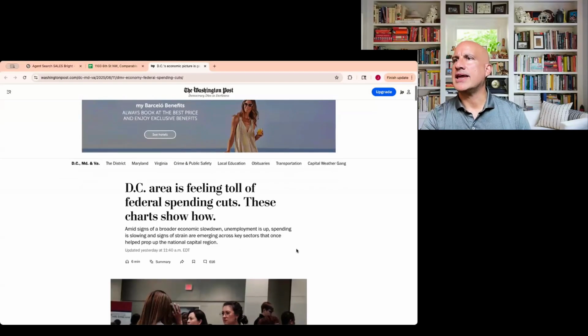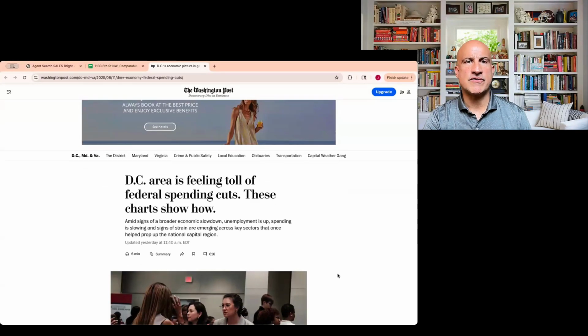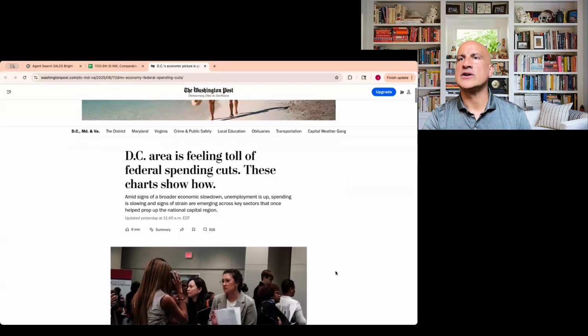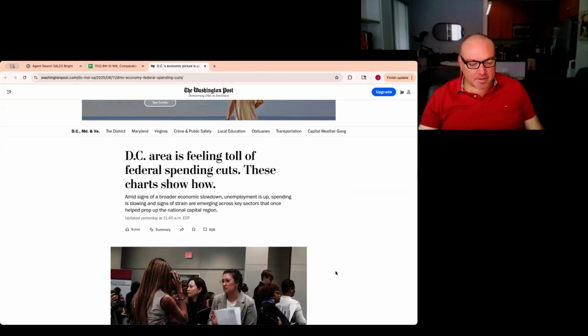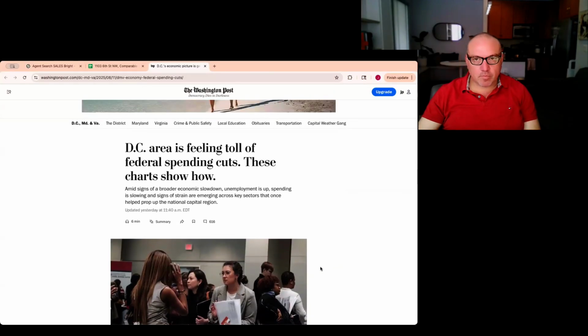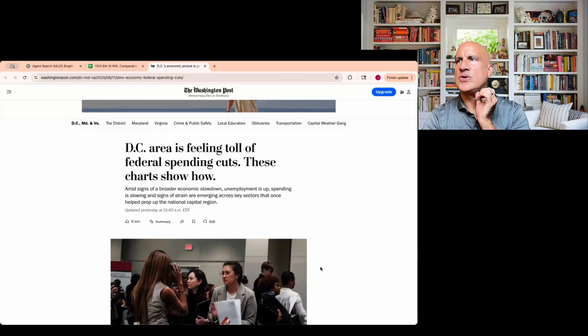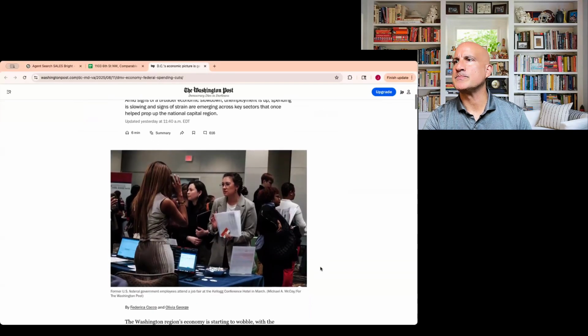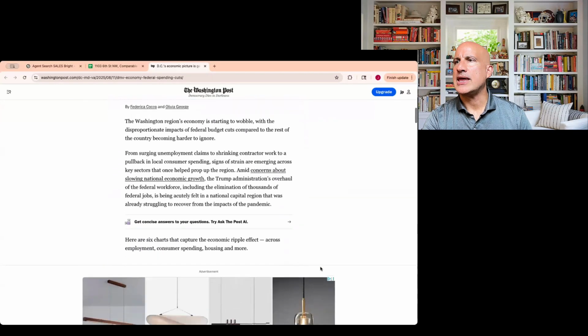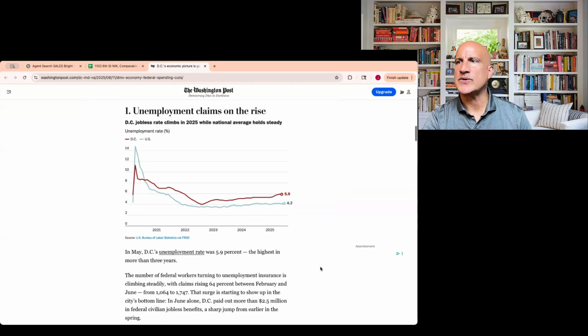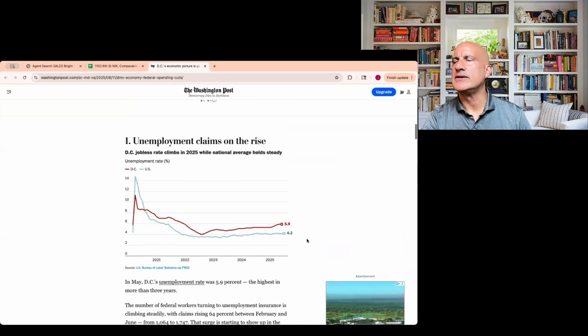This was an excellent article that came out in the Washington Post. It was the first article I'd seen in a while about our market specifically. Did you see this, Orlando? I see you're nodding. I did. So this was the first article on the spending cuts, and I'll share this with you, James, as well.